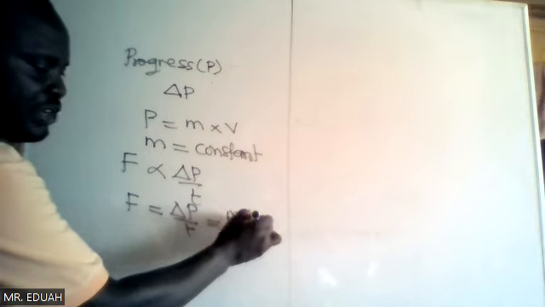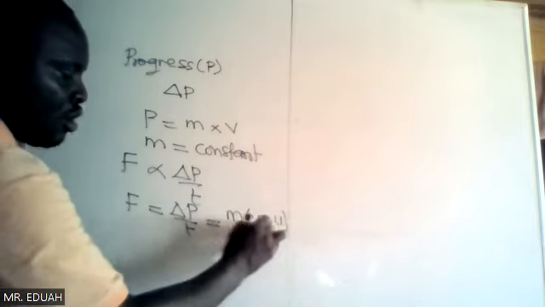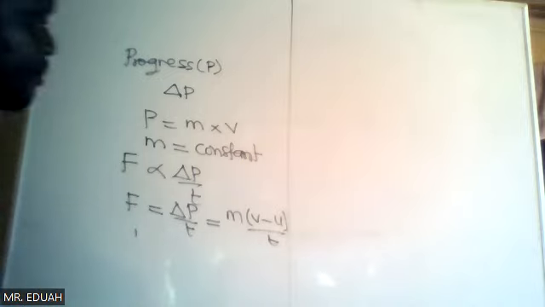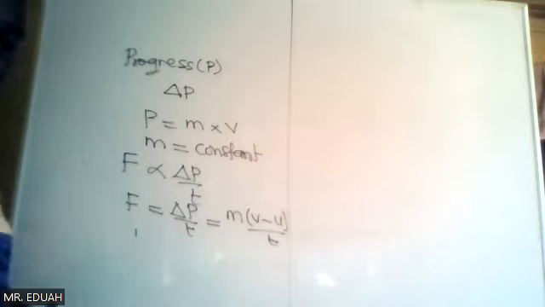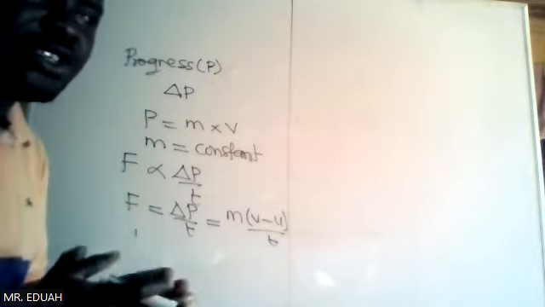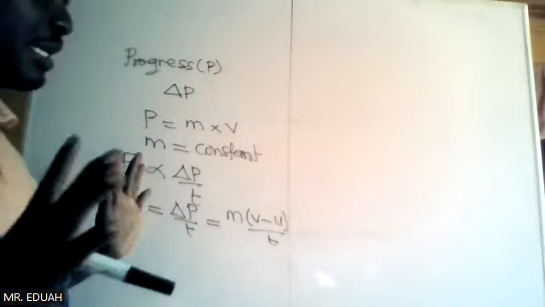The change is an increasing one. So m(v - u)/t. That's the reason we talk about change in momentum, because the velocity can change, but the mass of the body, no matter the situation, is always constant.